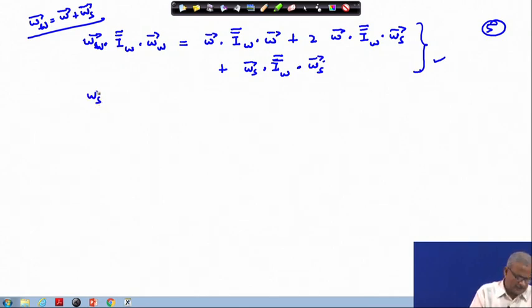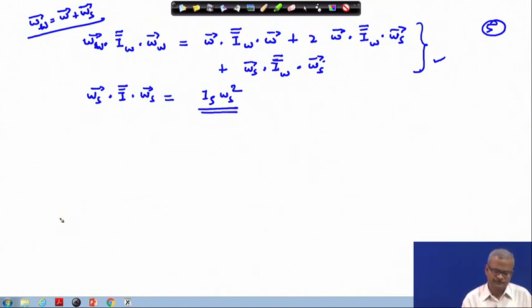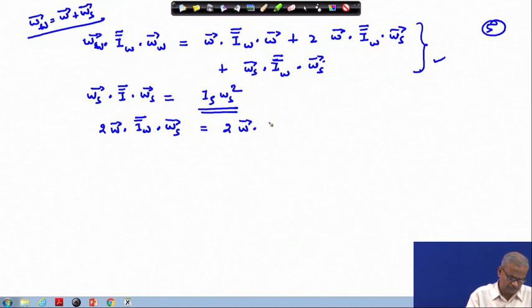Here the term omega_s, I am going to post this particular material, can be written as I_s times omega_s squared, but you try on your own also. These are the ways this can be written.